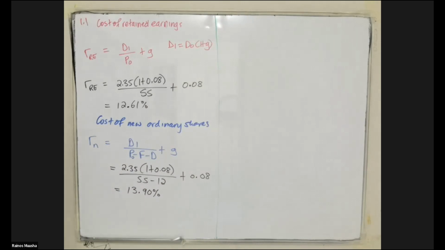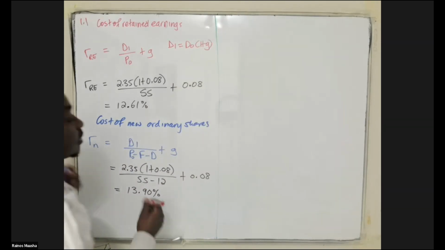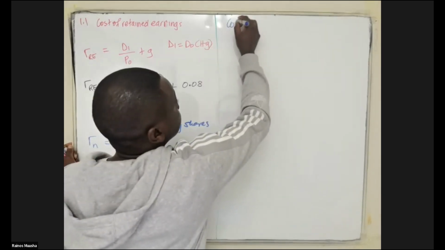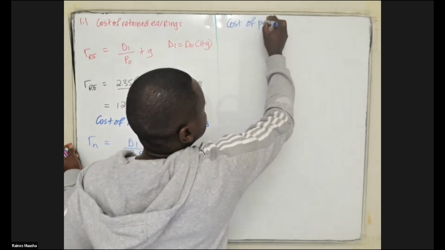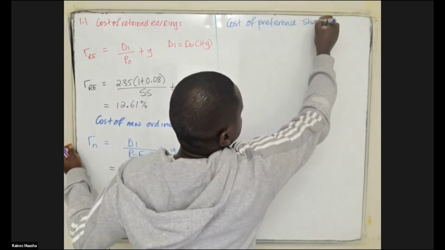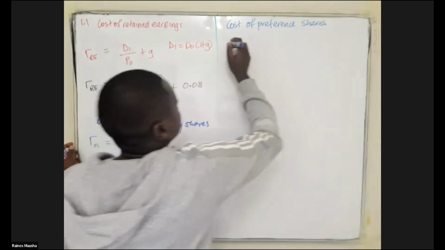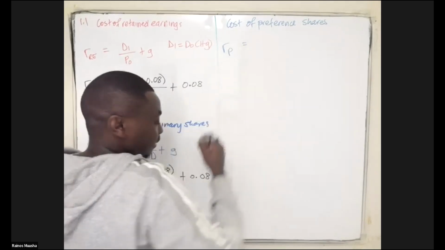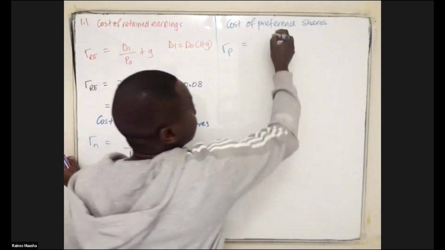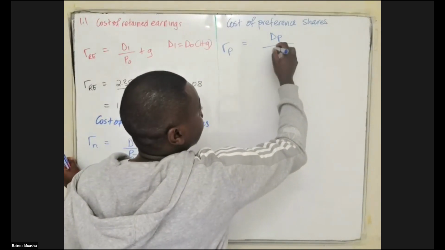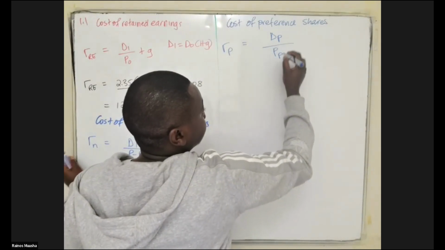Next, we look at the cost of preference shares. The cost of preference shares is given as the dividend of the preference shares divided by the price of the preference shares.